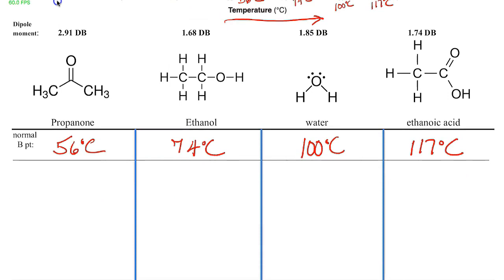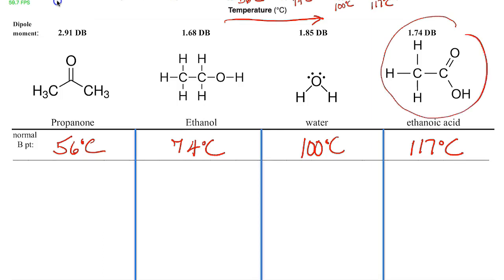Looking at this, unlike the first page where the number of electrons was the same, we have a lot more electrons that are different here. If I look at my molecule with the greatest number of electrons, that's ethanoic acid.